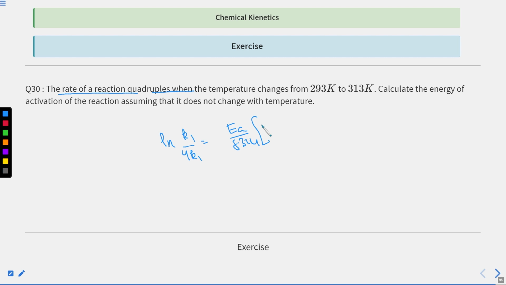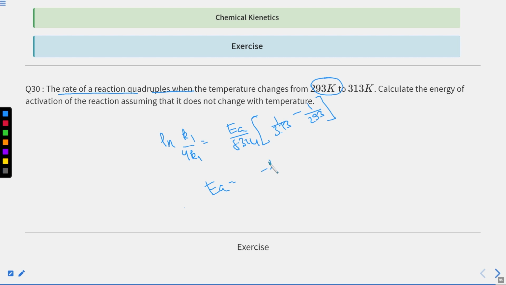Now initially I have taken K1 by K2, so this will be ln K2 by K1, right? Times 1 by 313 minus 1 by 293. Now you can calculate your EA from here.